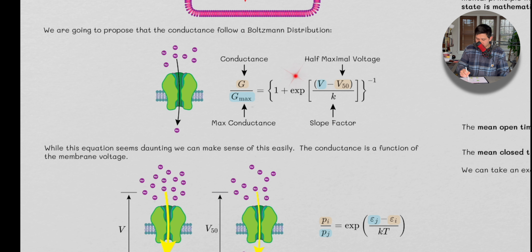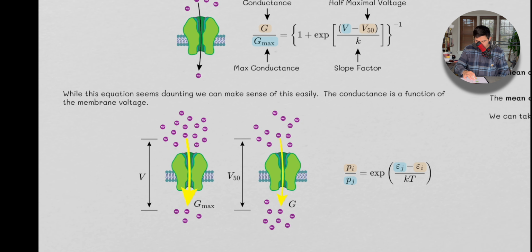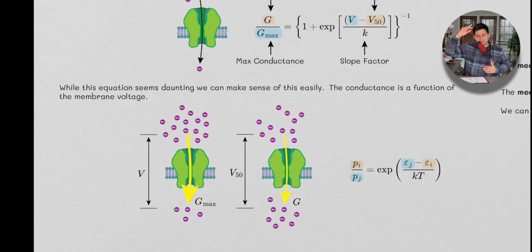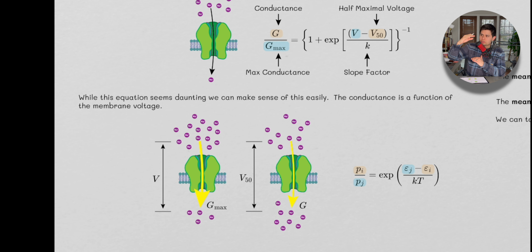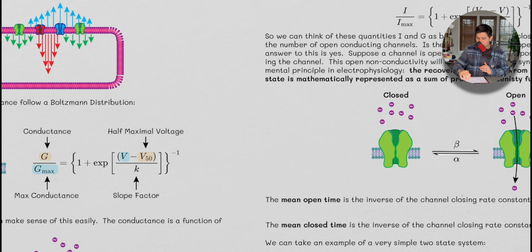The way we're going to make sense of this is, suppose the voltage is really high and then it goes to half of its value in some amount of time. Half of its value is at V50. That's the half maximal voltage. So the voltage is really high, goes to half of its value. What happens when that's the case?